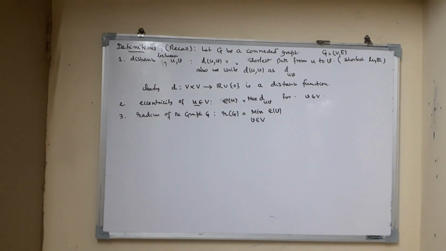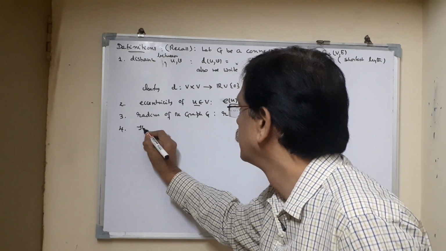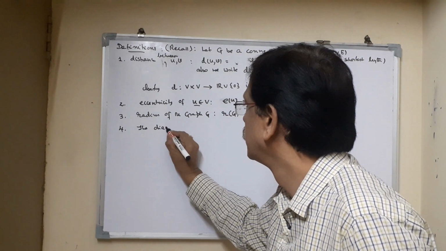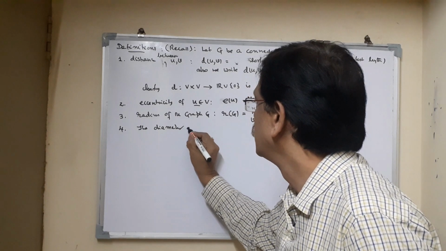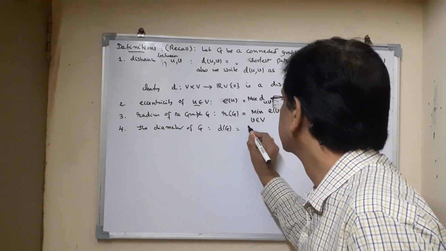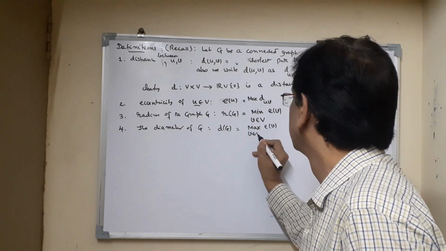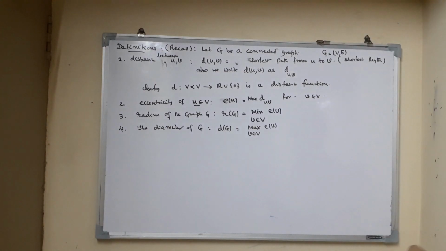So r(G) is the minimum of e(V). And let us see the diameter of G. The diameter of G, denoted by d(G), is the maximum of the eccentricity.